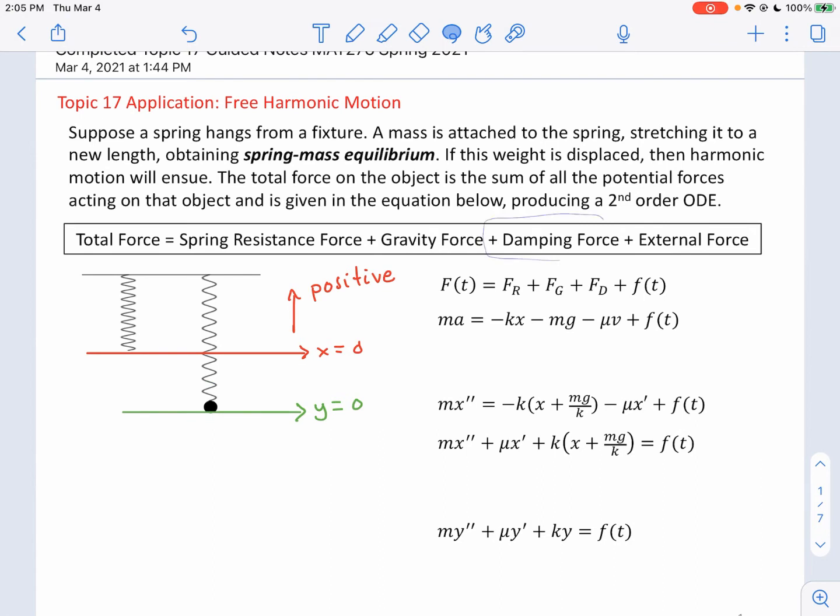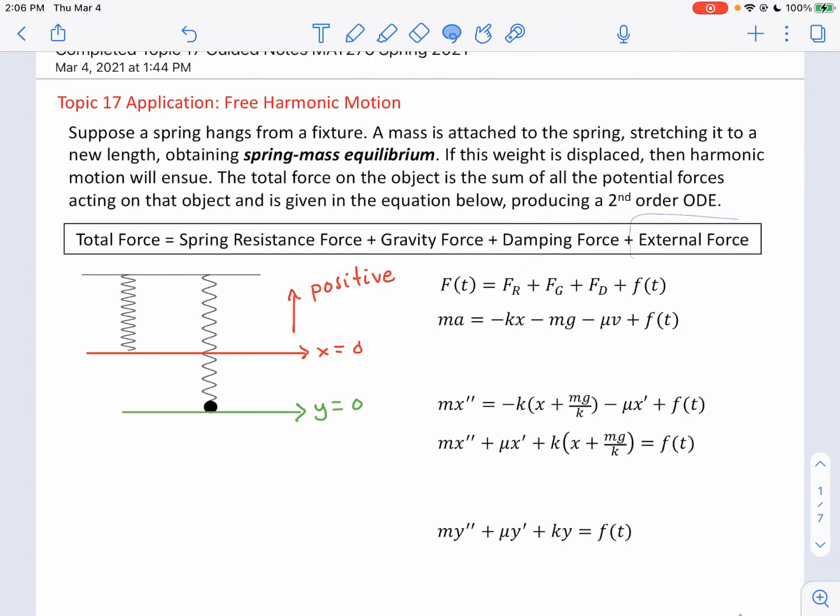Then springs can have a damping force. A damping force is a force that acts counter to the velocity, much like air resistance might act in a situation where an object is thrown through the air or through some other medium. And the damping force is what's going to cause the oscillations, the amplitude, to decrease over time.